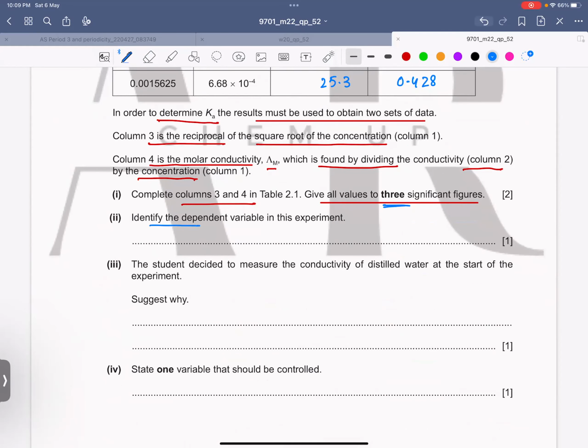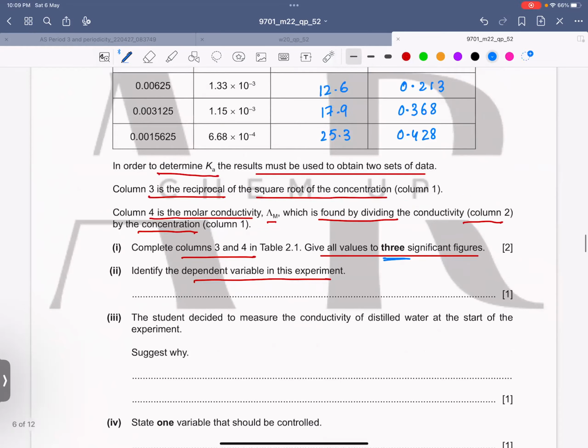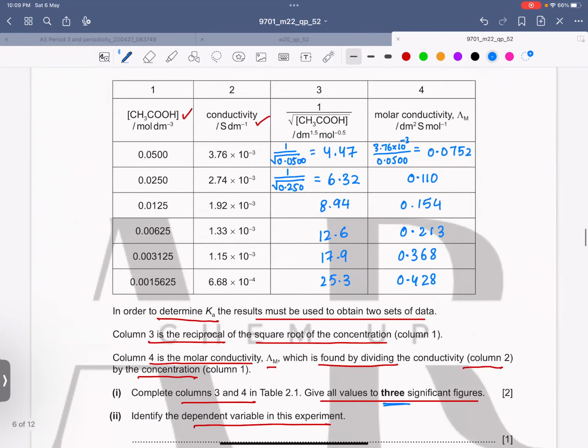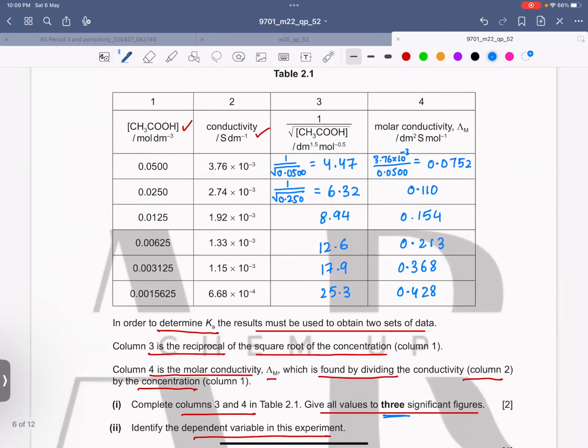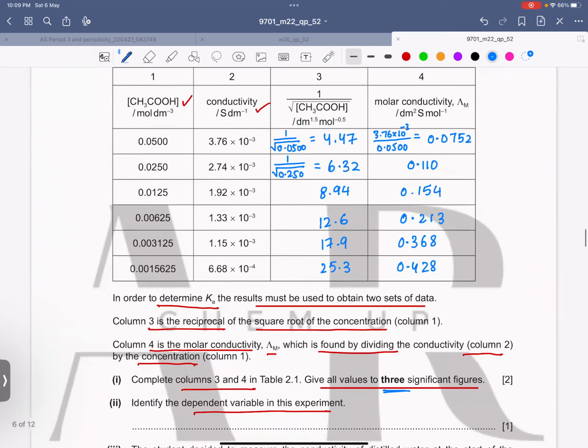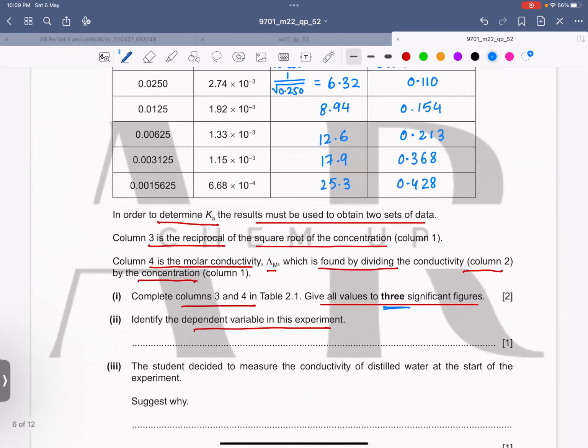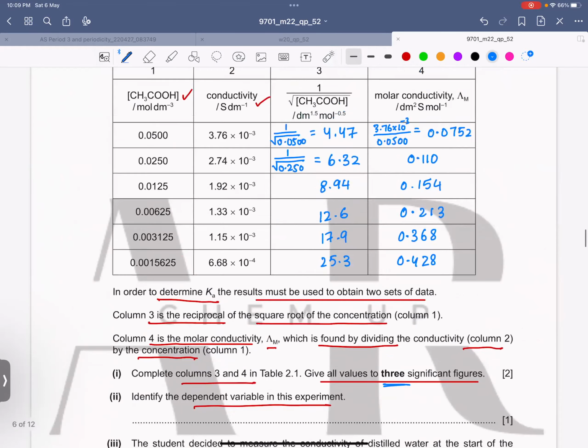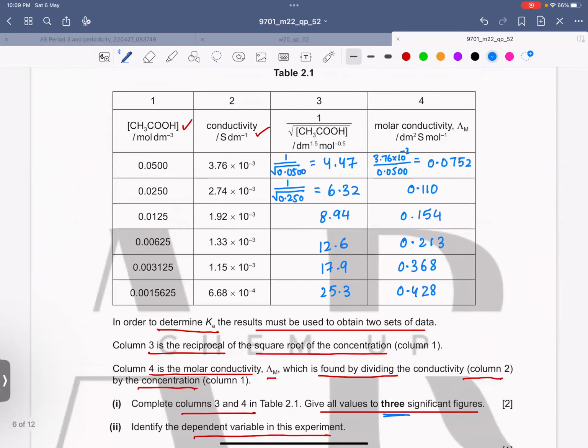Now, identify the dependent variable in this experiment. Concentration is independent, because we are choosing the concentration on our own.